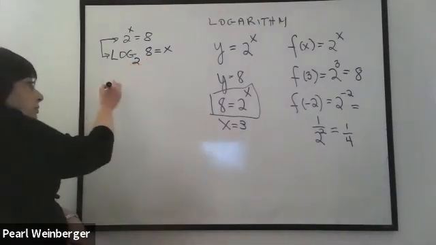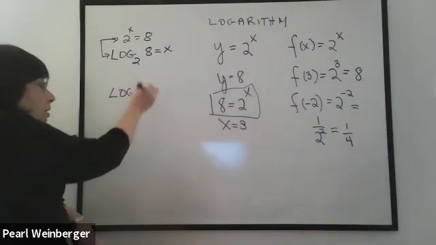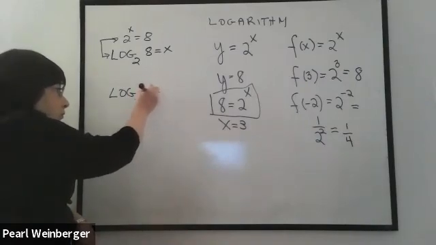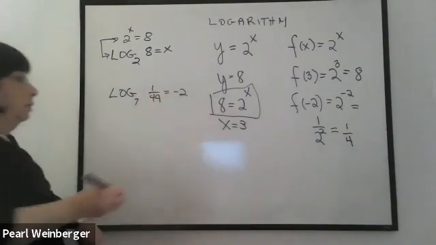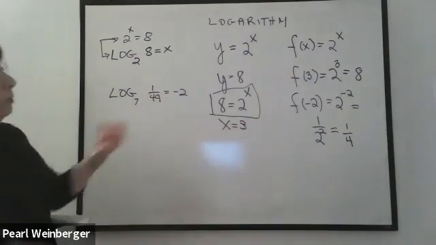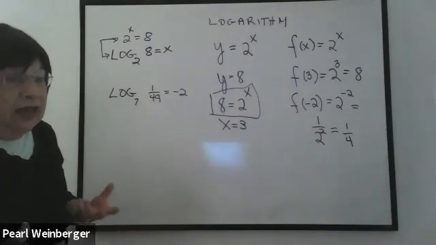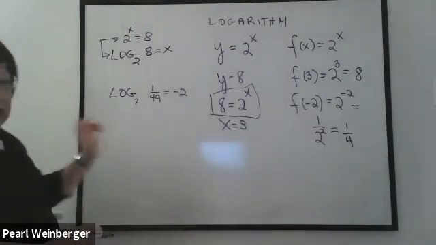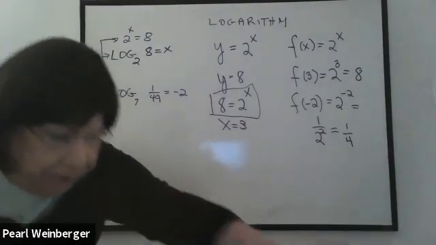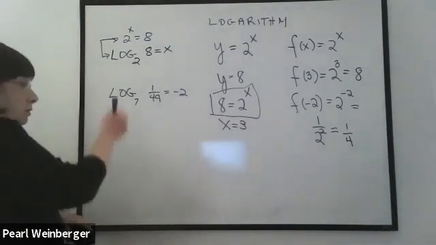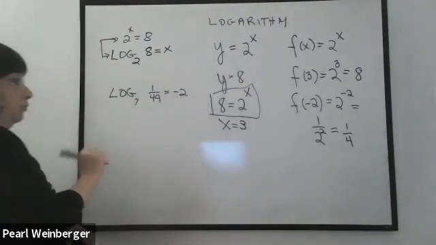Let's say I wrote this: log base 7 of 1 over 49 equals -2. Let's try to interpret what I just wrote in terms of what it means exponentially. Suppose I want to switch this from the logarithmic form to the exponential form.